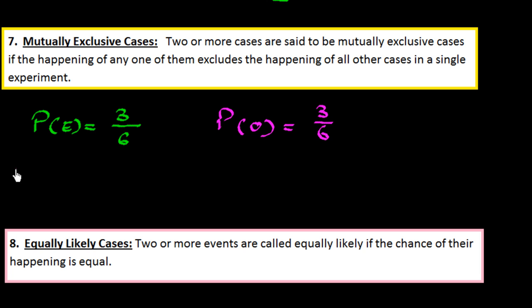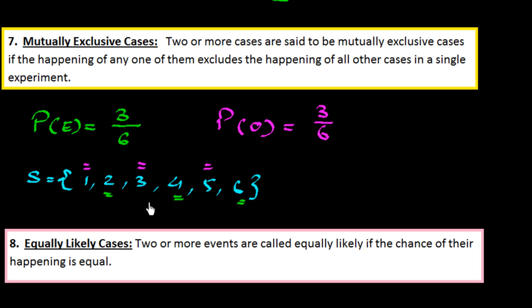If you see the sample space, I write it down here: 1, 2, 3, 4, 5, 6. The even numbers are 2, 4 and 6, and the odd numbers are 1, 3 and 5.